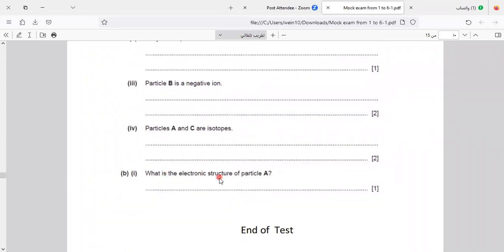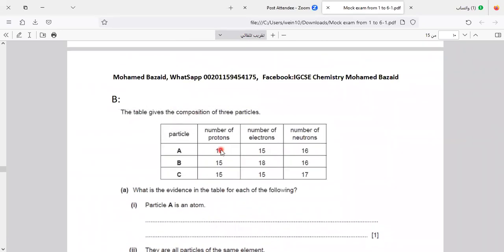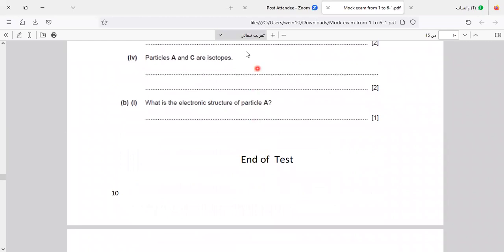The last one, what is the electronic structure of particle A? As you see, A contains 15 protons and 15 electrons. I need the electronic structure for 15. I will write 2, 8, 5. I prefer to write commas. He said here, what is the electronic structure?